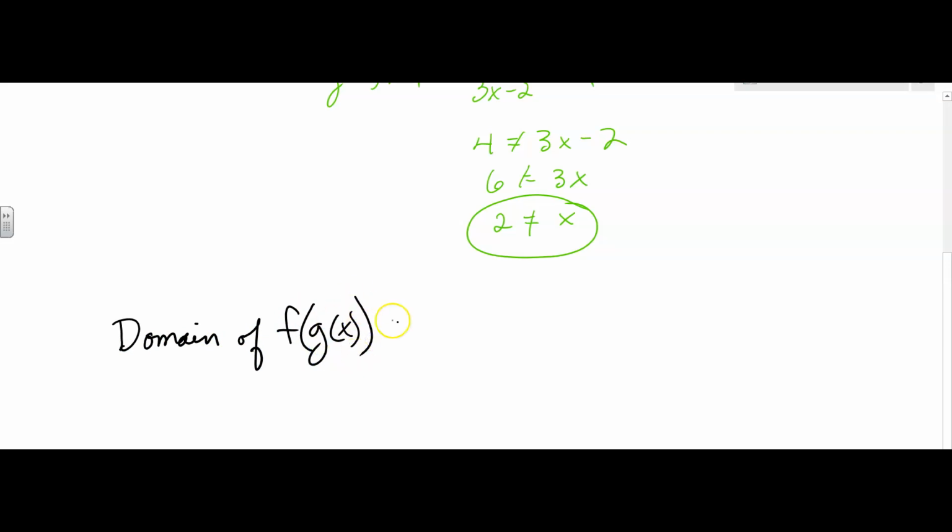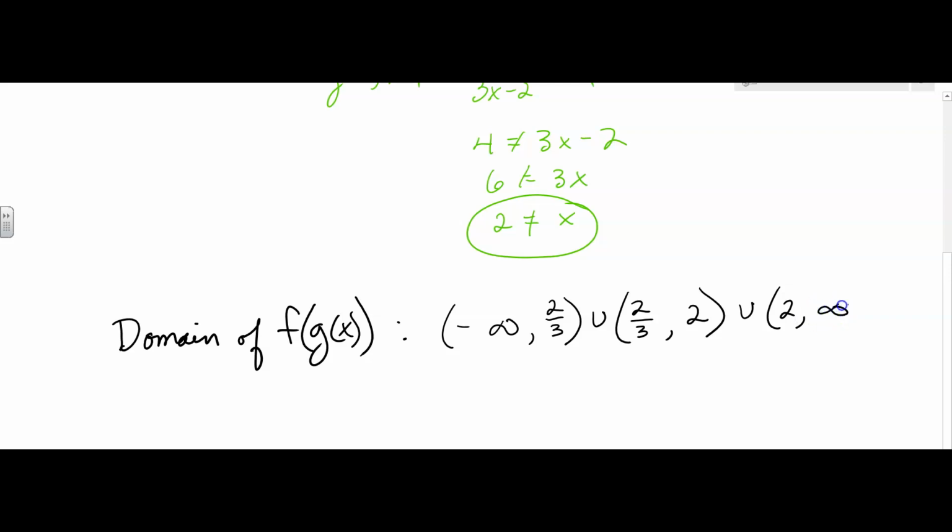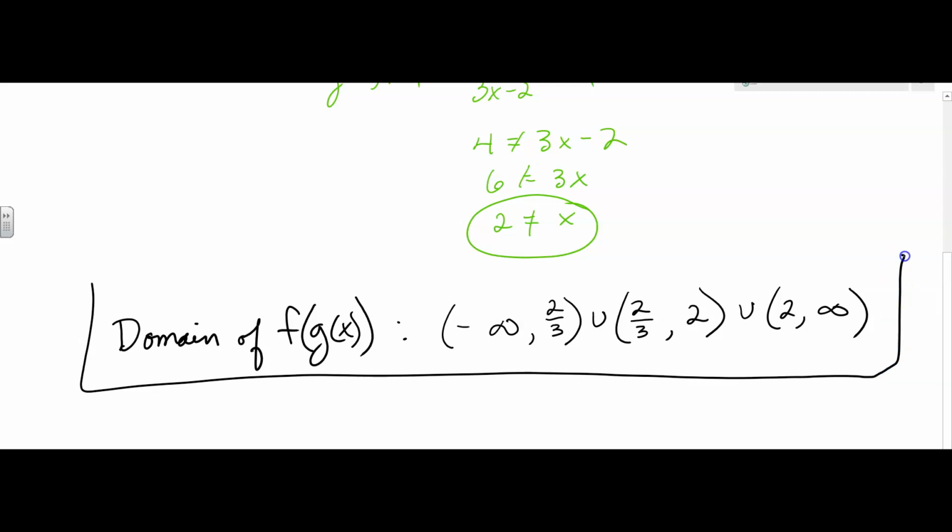Okay, so here's how it looks in interval notation. You can have from negative infinity up to 2/3, but you can't have 2/3. Then you can have from 2/3 to 2, but you can't have 2. And then you can have from 2 and beyond to infinity.